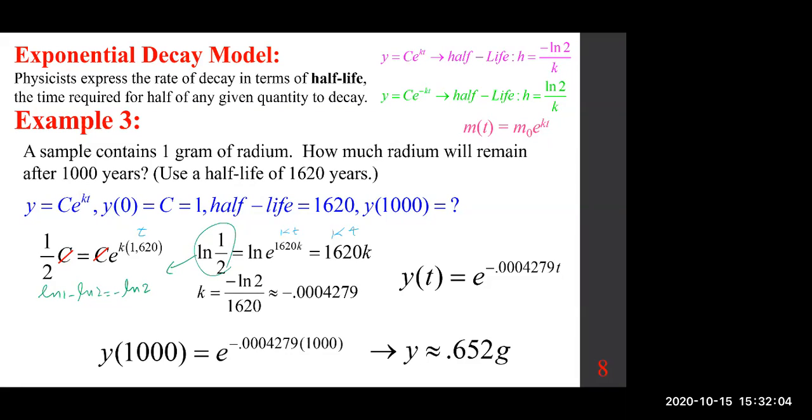If you didn't replace the 1620, that means this is equal to kt. And the t is minus ln2 divided by k. Now this t, in some cases they use h, which means half-life. So I hope everybody's comfortable with that.